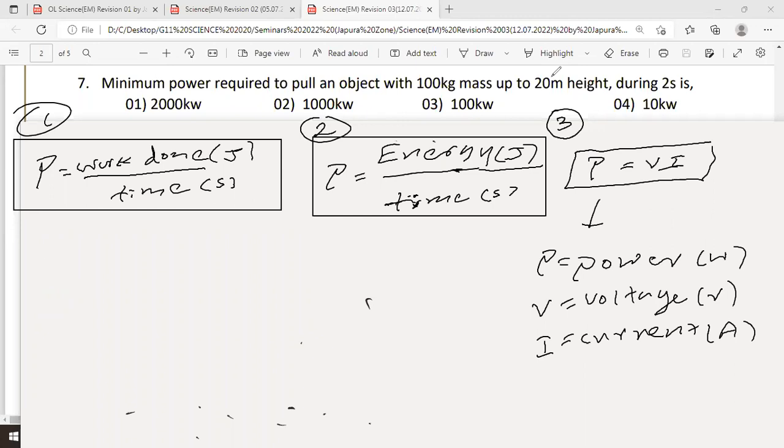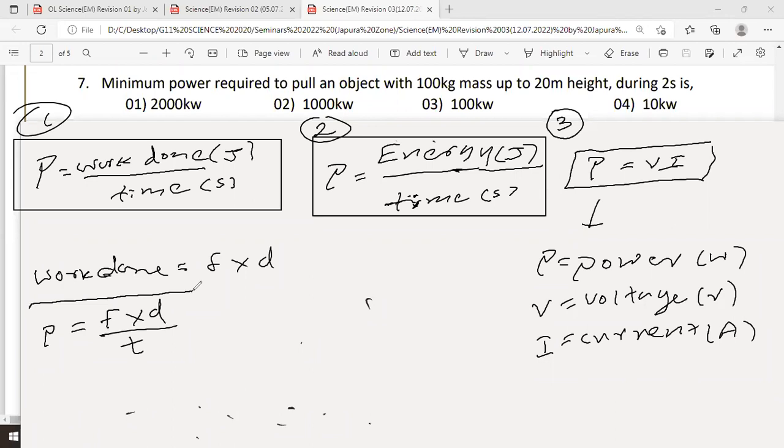If you are climbing a coconut tree 10 meters high and your weight is 500 Newton, the work done is your weight times the height of the tree. So work done equals force times distance. Then I can replace work done in the equation: power equals force times distance over time taken.